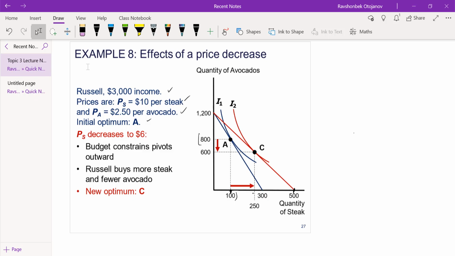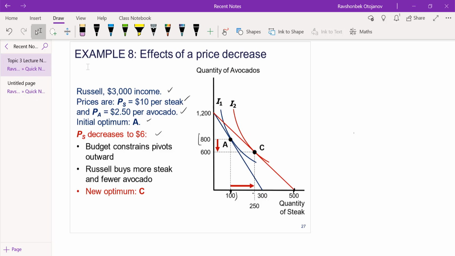Now let's assume that the price of steak decreased to $6. So steak is relatively cheaper than avocados in this case, and that allows Russell to buy more steaks because now it's cheaper than before. Before it was $10, so it's $4 cheaper.